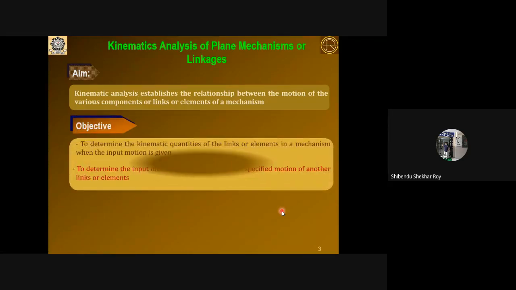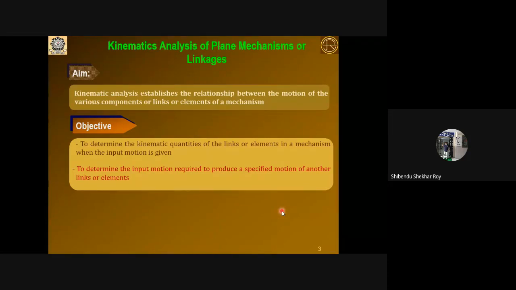Now, what is the aim that I already explained? Kinematic analysis establishes the relationship between the motion of the various components or the links or elements, whatever name you call, of a mechanism. So the objective is to determine the kinematic quantities.